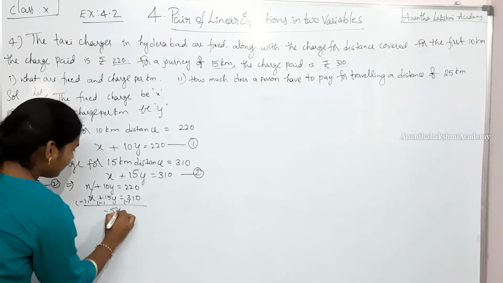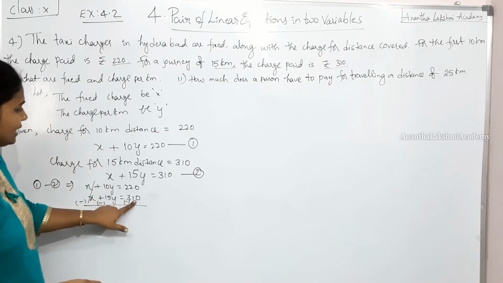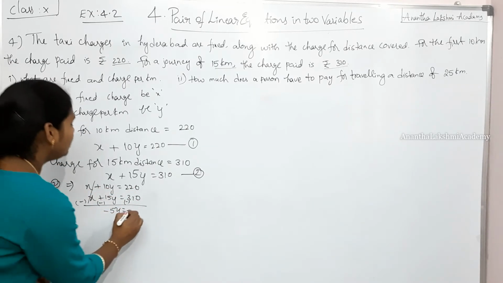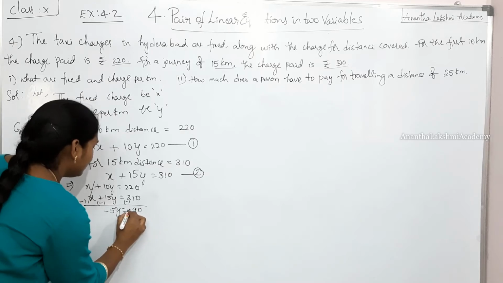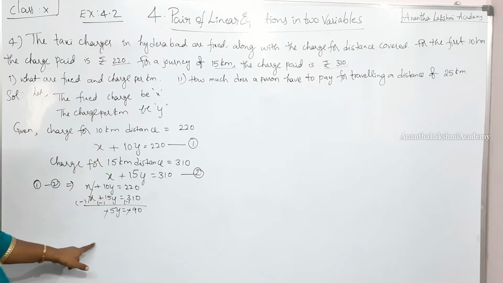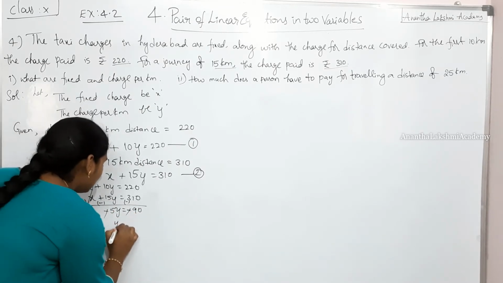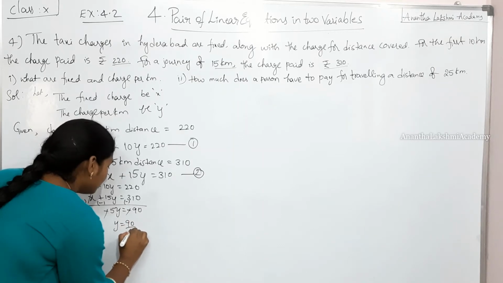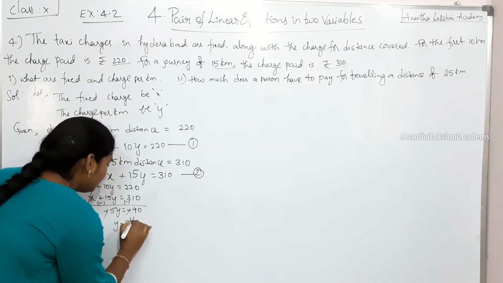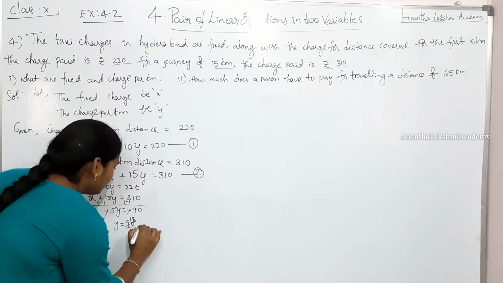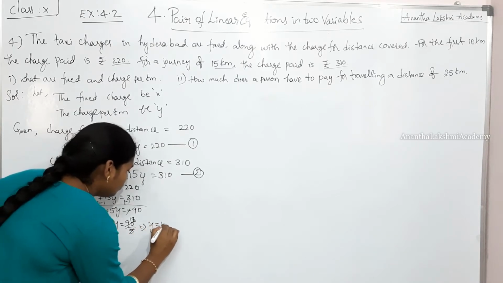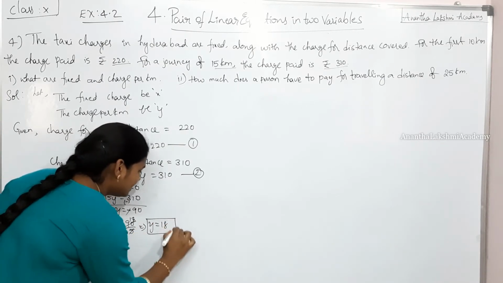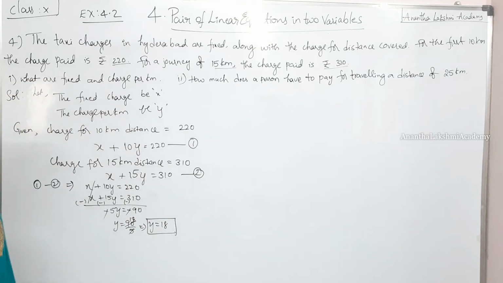This is minus 5Y is equal to 310 minus 220, which is minus 90. So the negative sign gets cancelled. Y is equal to 90 by 5. 5 ones are 5, 5 eights are 40, so Y is equal to 18. Our charge per kilometer is 18.